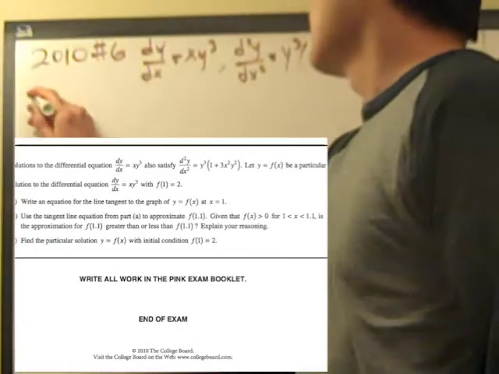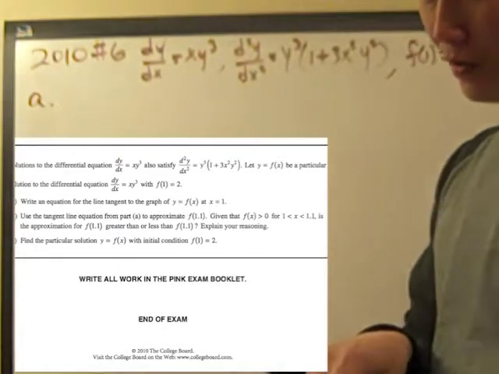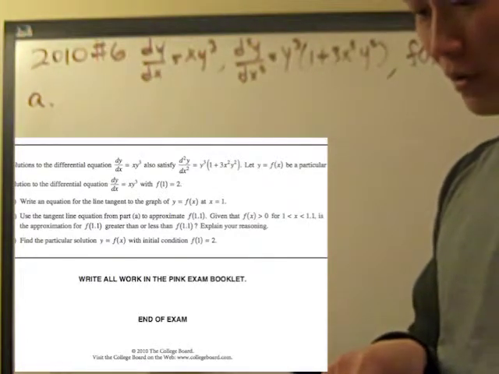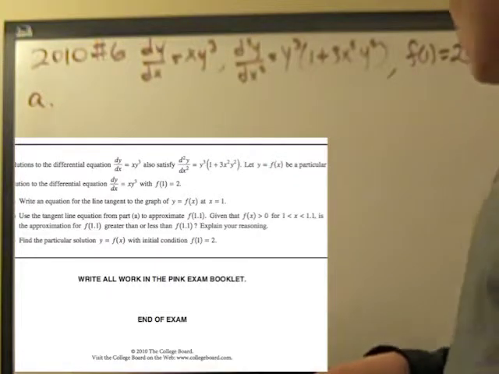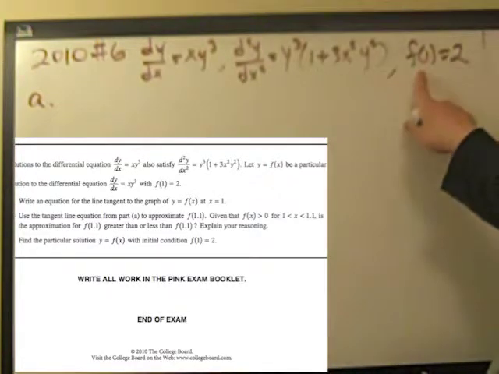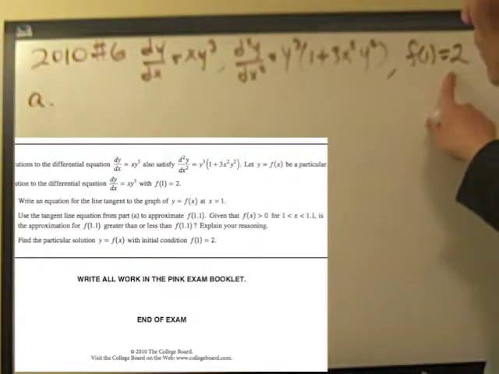So let's go to part A. Part A says we want to write an equation for the line tangent to the graph at x equal to 1. Now notice, at x equal to 1, f is equal to 2.